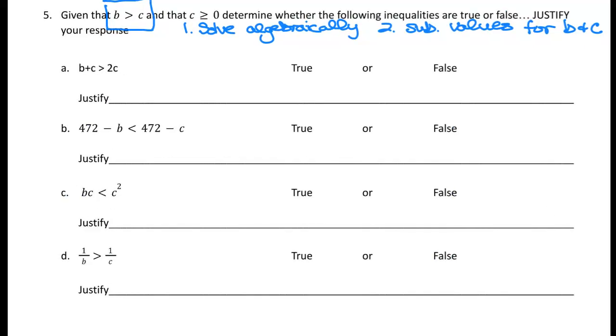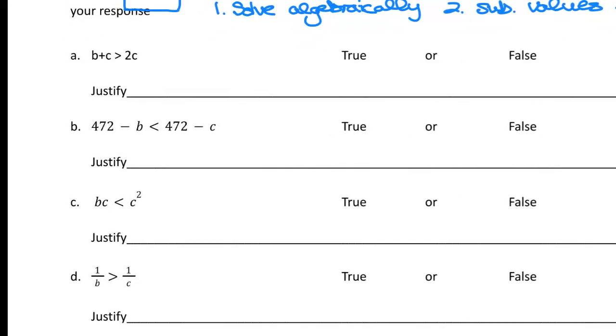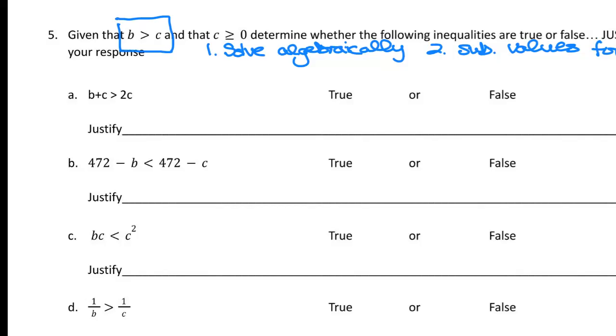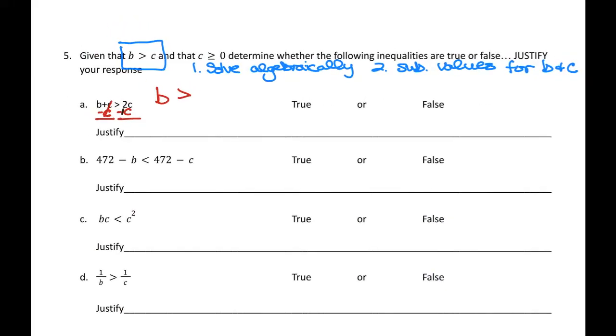As I look at A, B plus C is greater than 2C given that B is greater than C. So I see something that both sides have in common, and that would be the C. So here I would eliminate that C that is the same to both, which gives me B on the left-hand side is greater than, and now you need to remember, because I had one girl that was having difficulty, 2C minus C, it's like 2 cats minus 1 cat, you still have 1 cat.